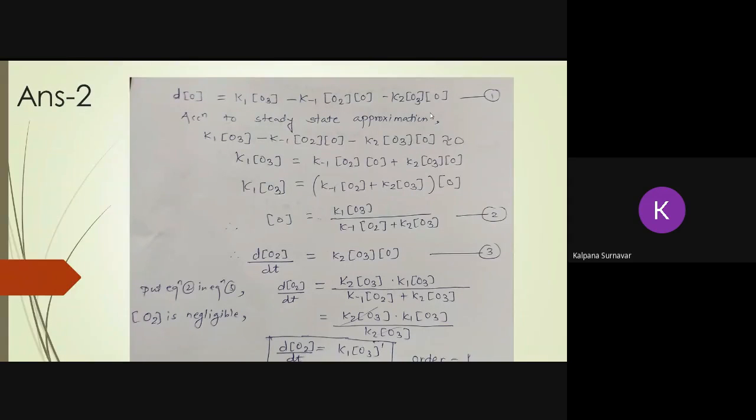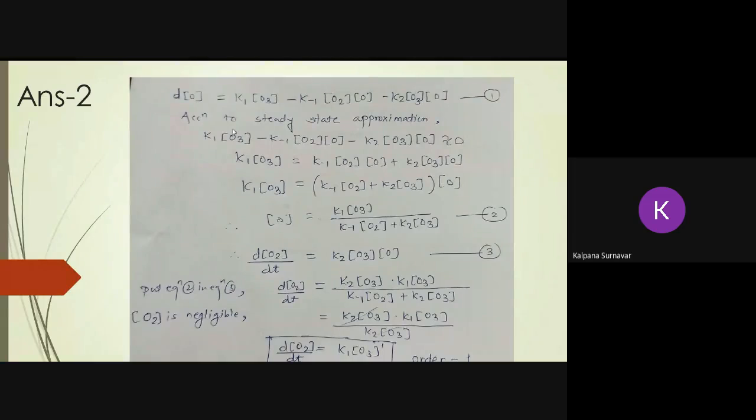And you know that the steady state approximation is applied to find out the concentration of a product. But before that, the steady state approximation is applied only for the intermediate species, and we have to say the intermediate species concentration is nearly equal to 0 or negligible as compared to the product.